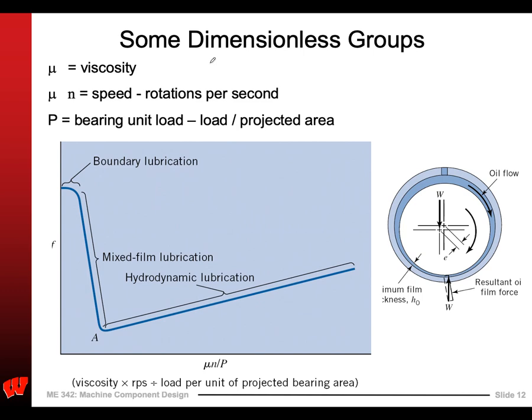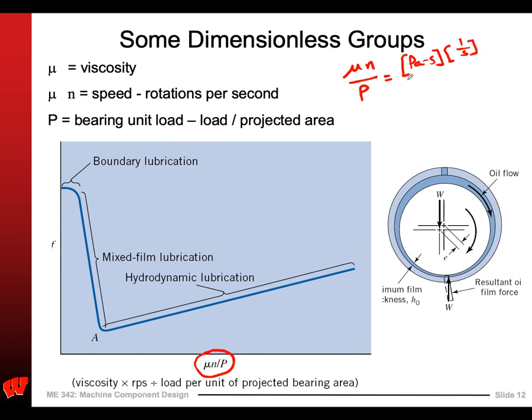So how does this look? I love this thing down here: that is a non-dimensional number. Let's take a look at mu N over P. Mu, I remember that from fluids, is in stress time, Pascal seconds. N is the speed at which this thing is spinning, so that's radians per second.